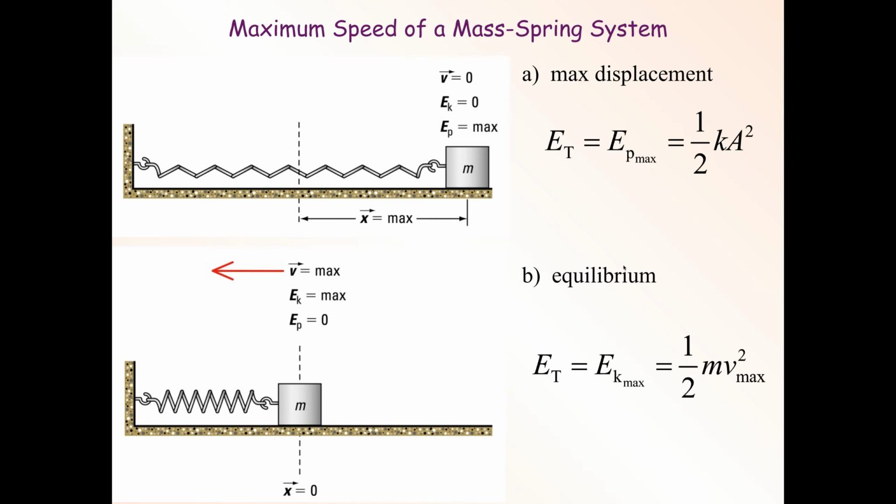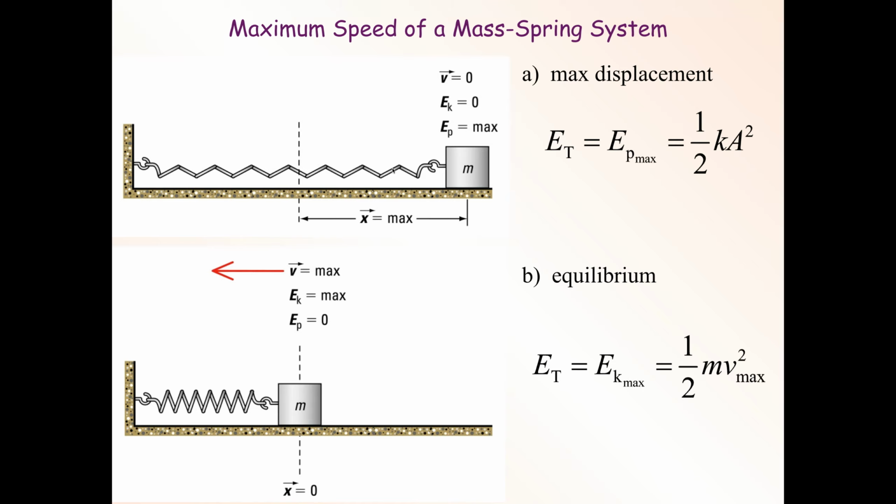And then at equilibrium, all of that potential energy, as it's swinging back, becomes kinetic energy. So our ET equals our EK max, which is equal to 1/2 mv squared. At any time in between, your mechanical energy, your EM, will equal your EK plus your EP.